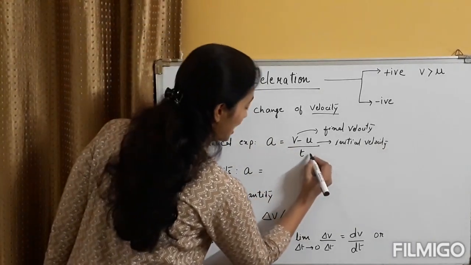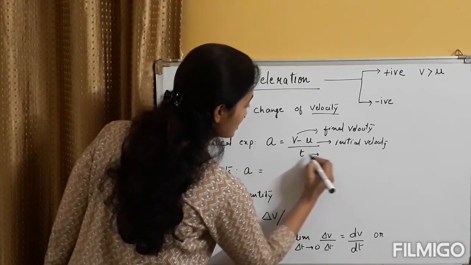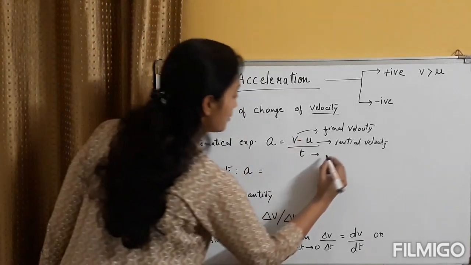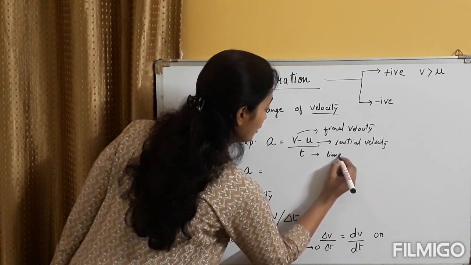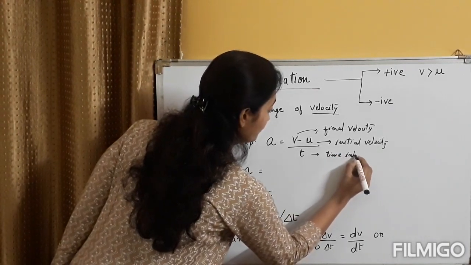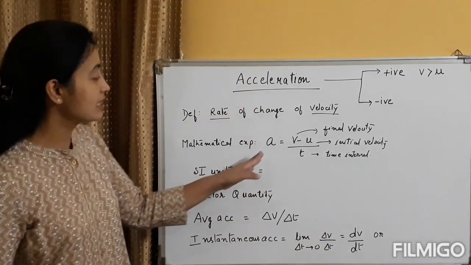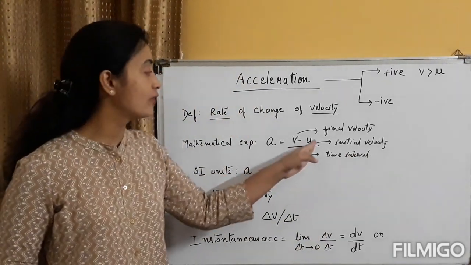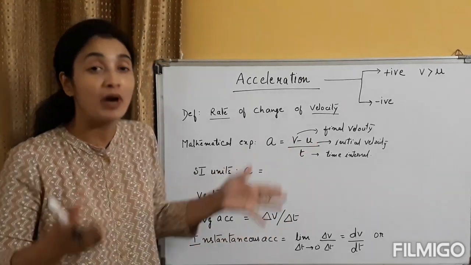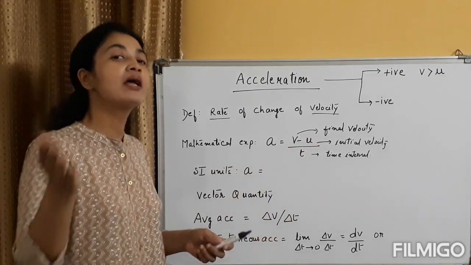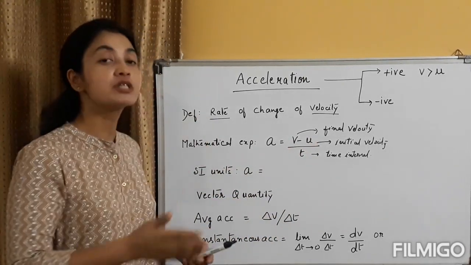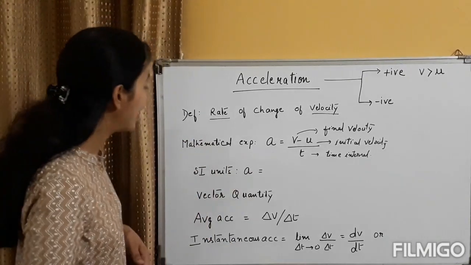And this is the time interval, representing final minus initial time. So mathematically, acceleration is change in velocity upon time. How to find change? It is by taking the difference between the final and the initial values.